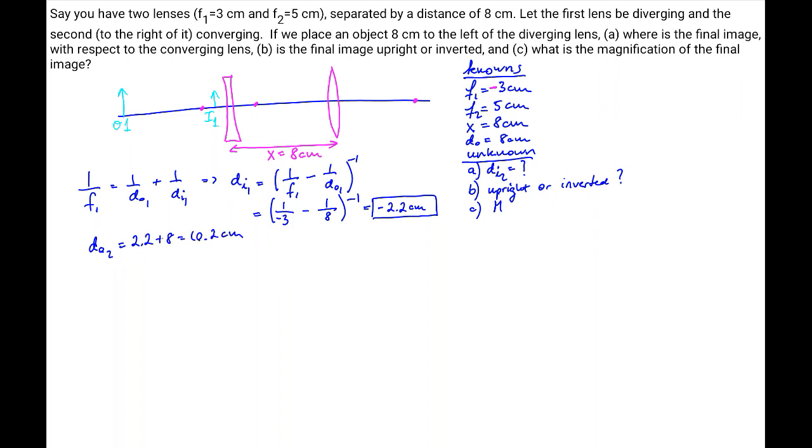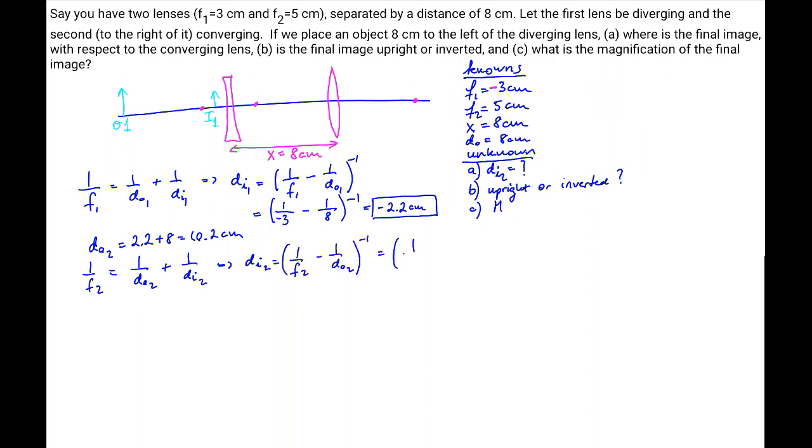So now we're going to use the lens equation for the second lens. 1 over f2 is 1 over do2 plus 1 over di2. So we're solving for di2, and that is (1 over f2 minus 1 over do2) to the negative 1.